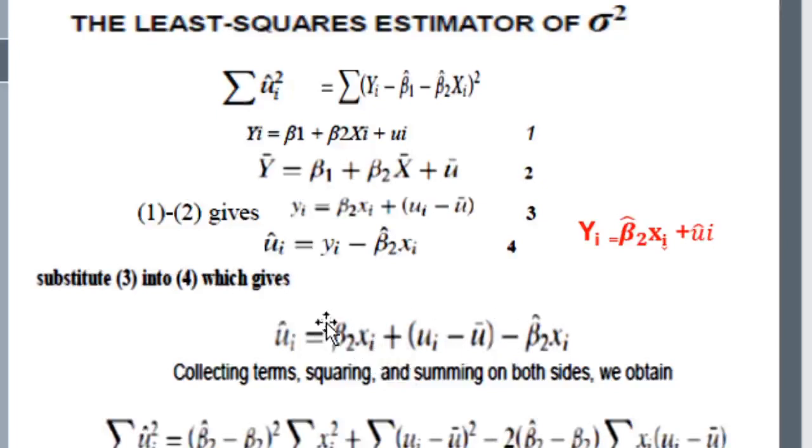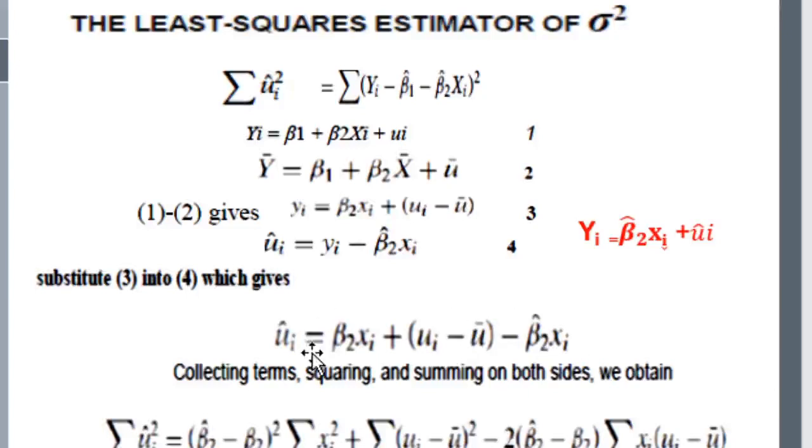These two terms, beta 2 xi minus beta 2 cap xi, can be taken as a, and ui minus u bar equal to b. Then this can be written as a plus b form. Then square this, then we will get a plus b the whole square. Its expanded form is a square plus b square plus 2ab.